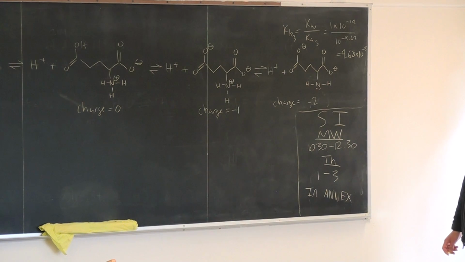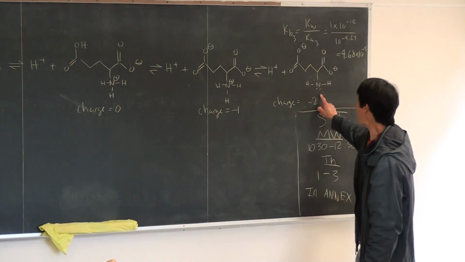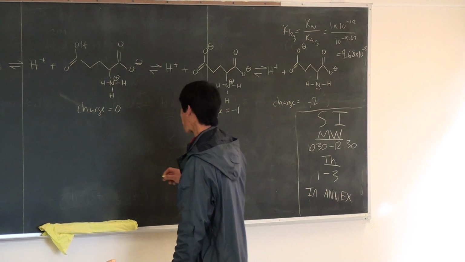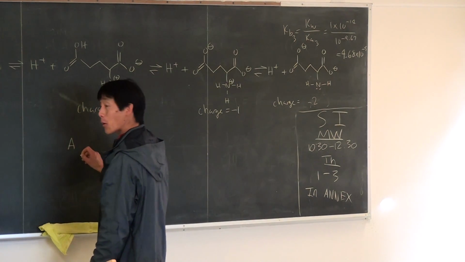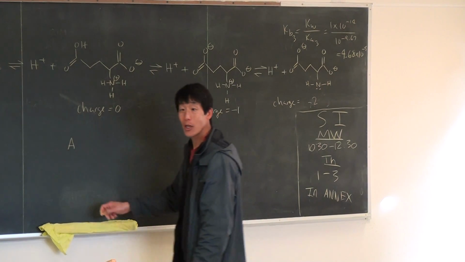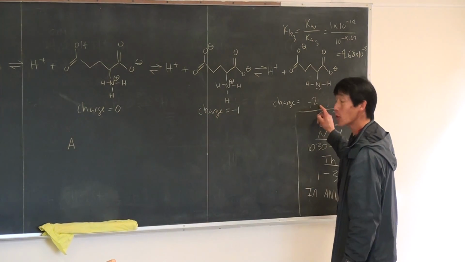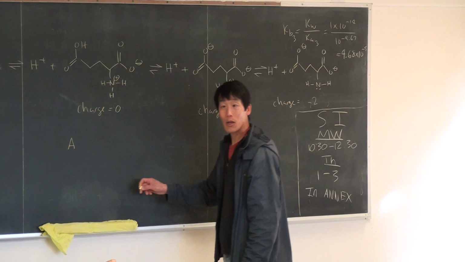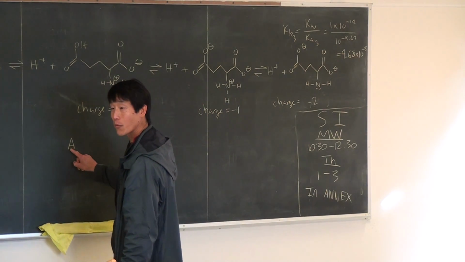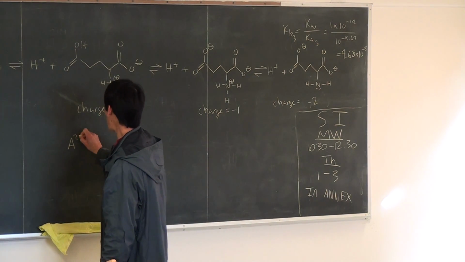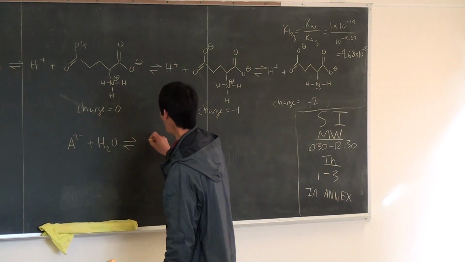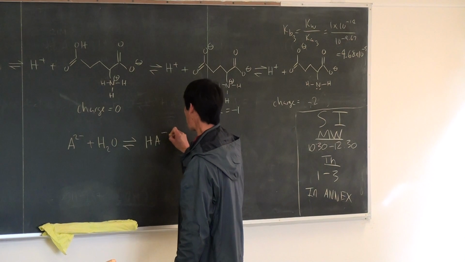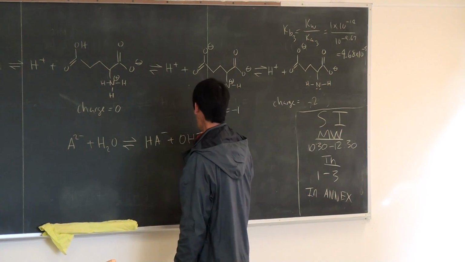So then we do our equilibrium calculation. So let's see, we have this one. It's not quite correct to call it A3 minus because the charge is minus 2. So should we call it A2 minus here? Yeah. So for the charge equals minus 2, we'll call it A2 minus. This reacts with water and forms HA minus plus OH minus.